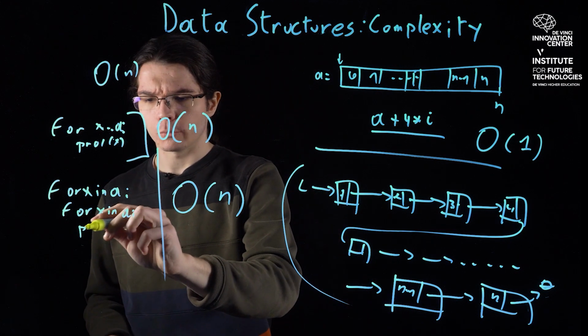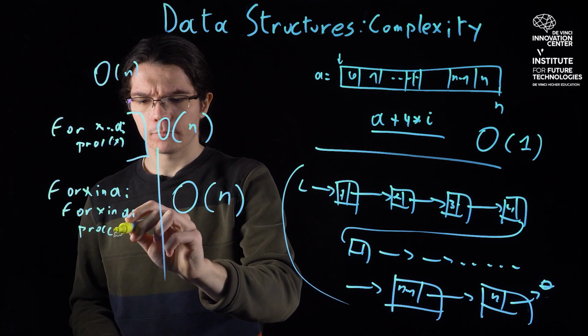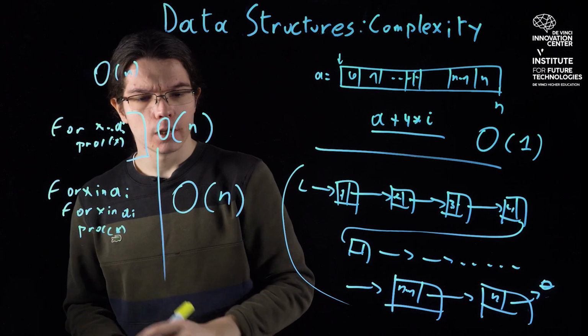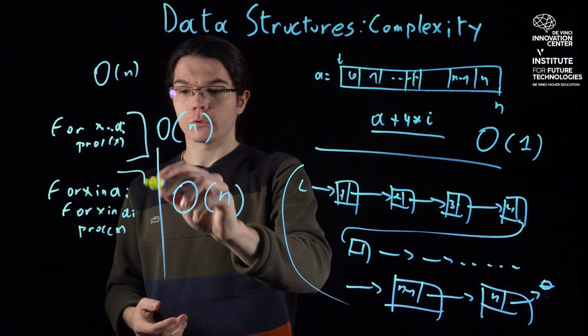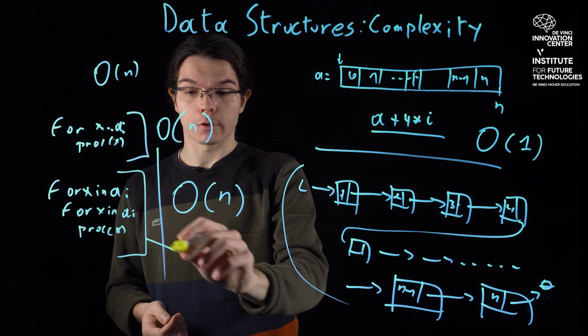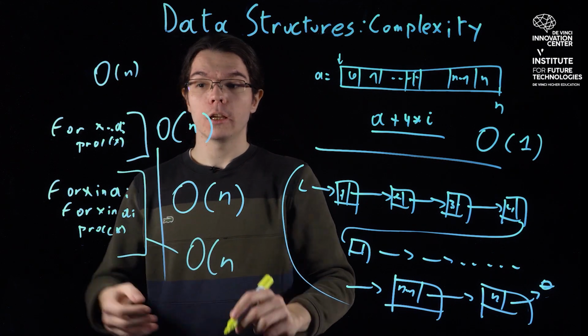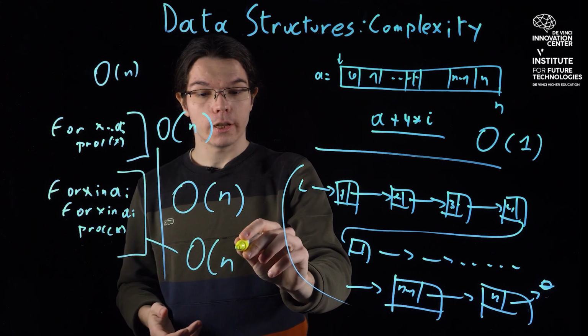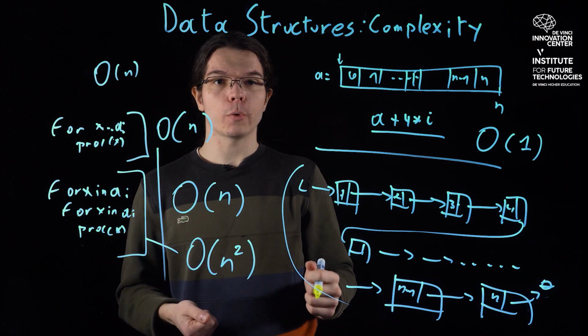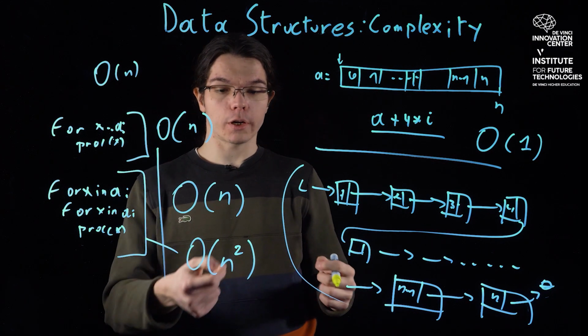And then you want to do some processing of X here. Now what would happen? This actual program would have a complexity of not O of n, but a complexity of n squared.